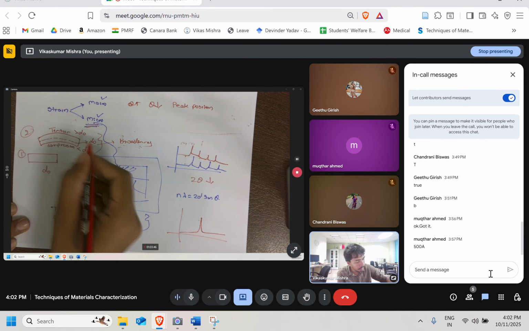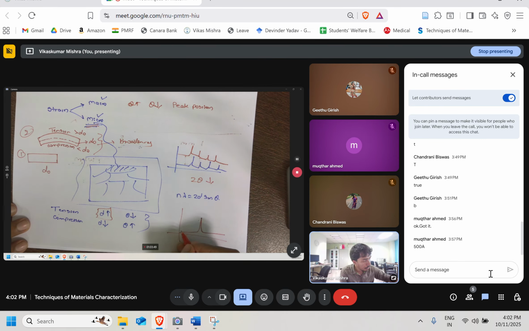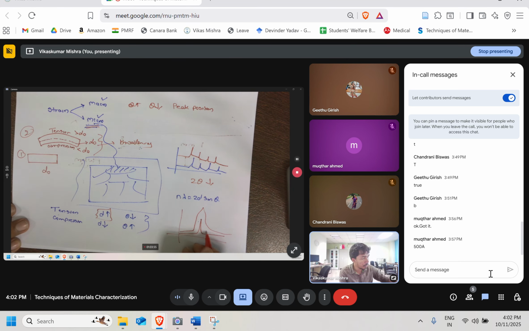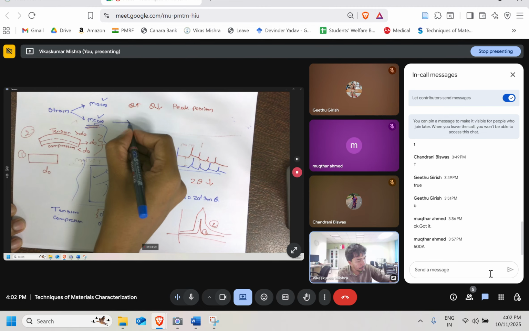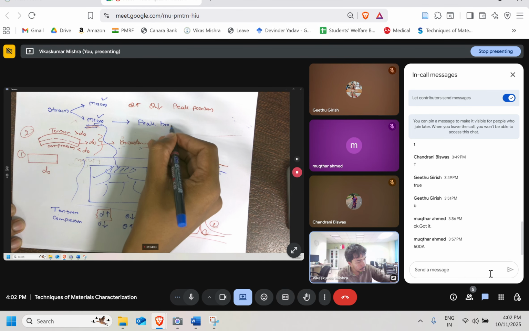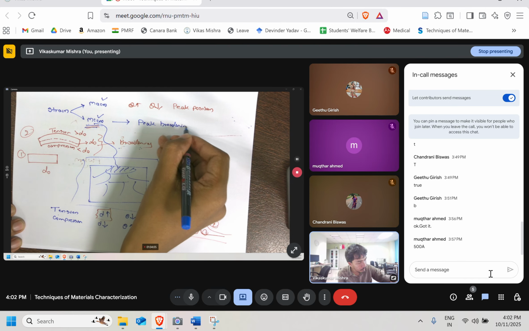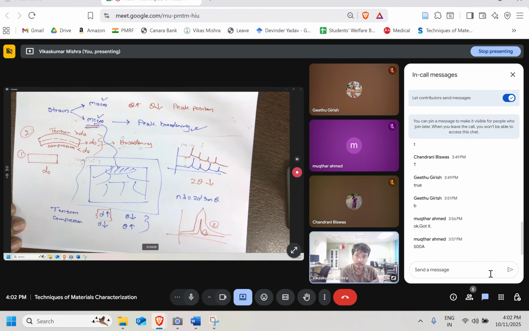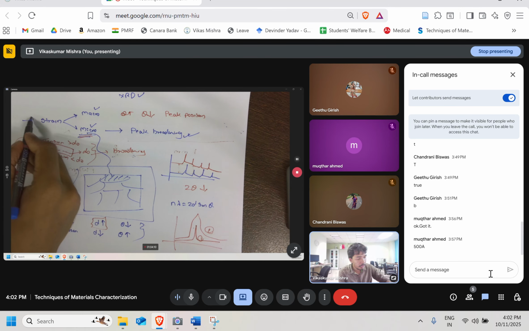While in case 2, where the tension and compression are there, the broadening will be something like this. So the microstrain is going to affect the peak broadening.